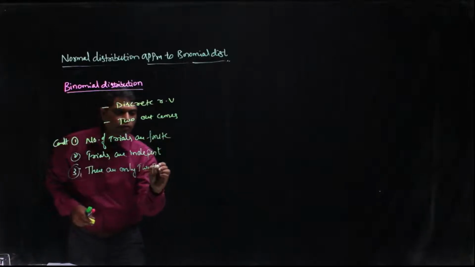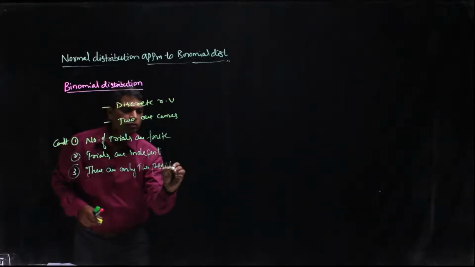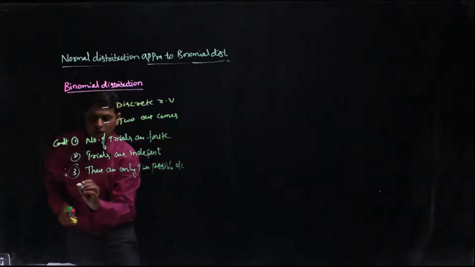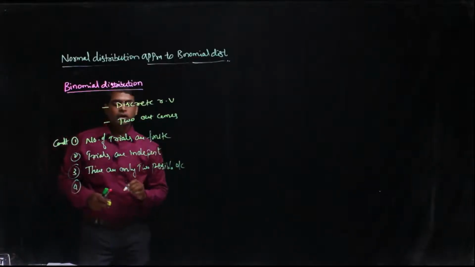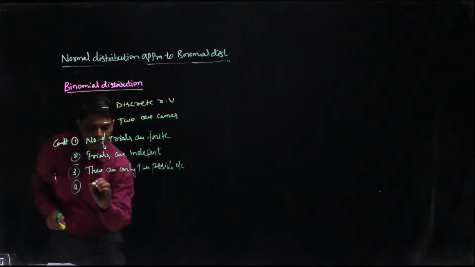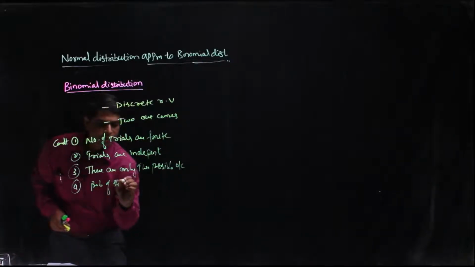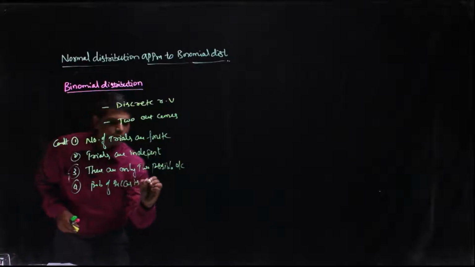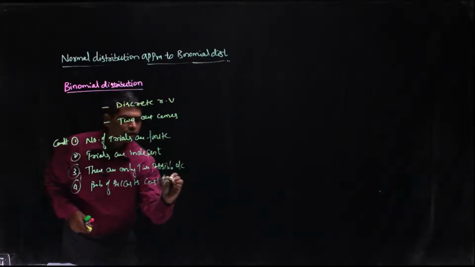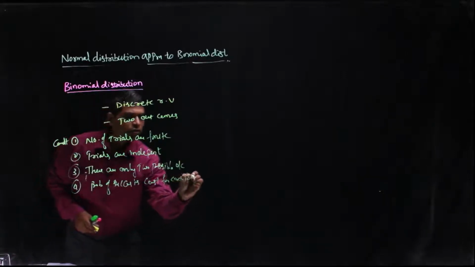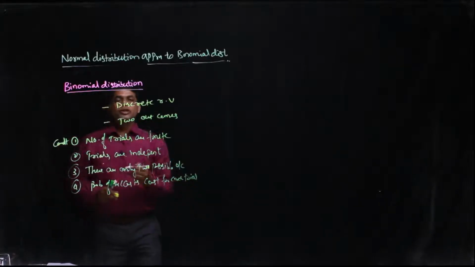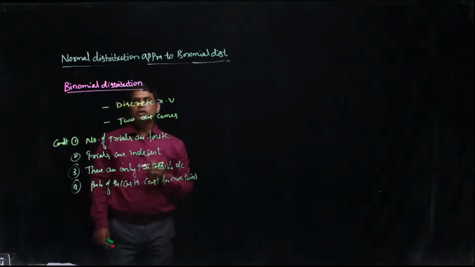Fourth: the probability of success is constant for each trial. If the experiment satisfies these four conditions, we use the binomial distribution.